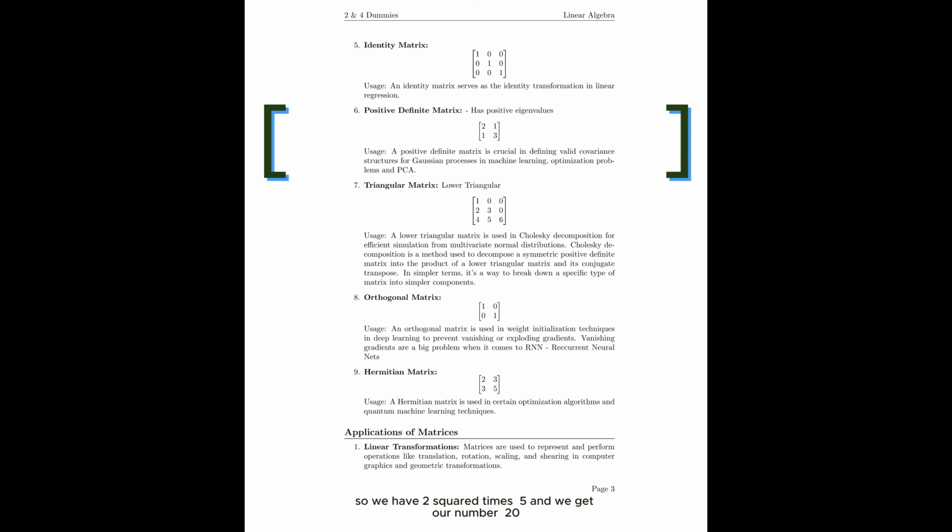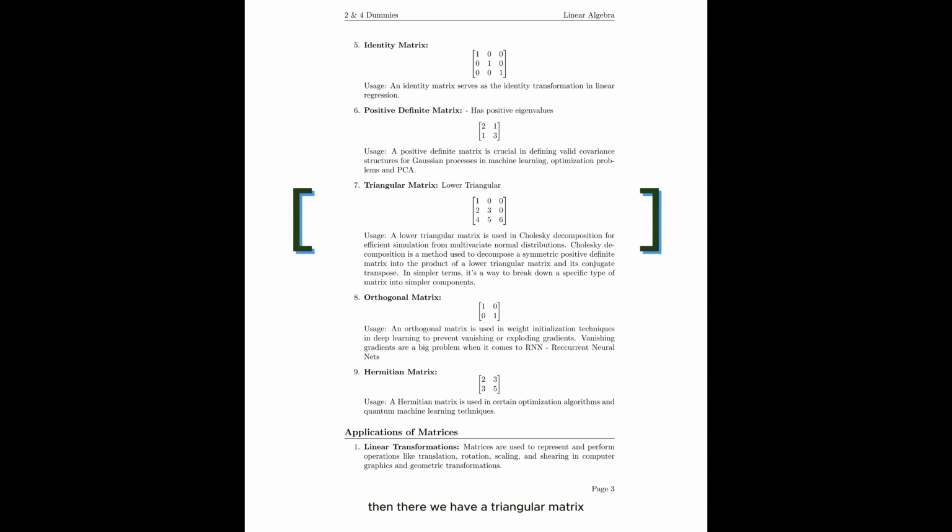So we have 2 squared times 5 and we get our number 20. In the same way, we can decompose a matrix into its eigenvalues and its eigenvectors. So what are the applications of a positive definite matrix? Again, we can use the positive definite matrix in PCA analysis and in optimization problems.